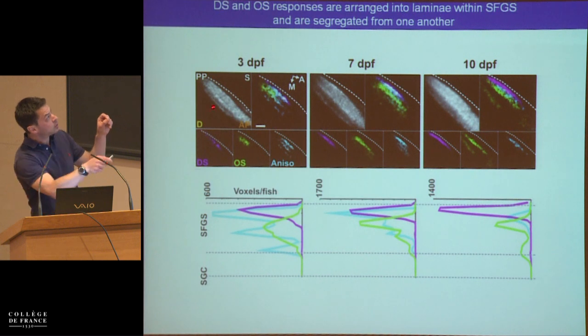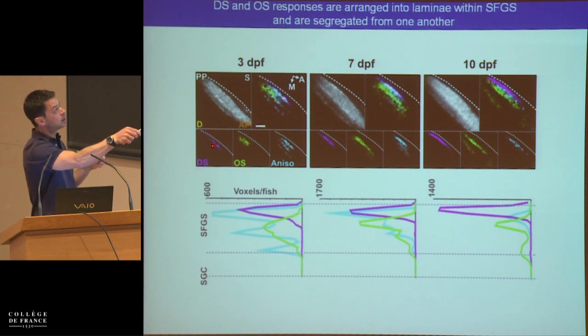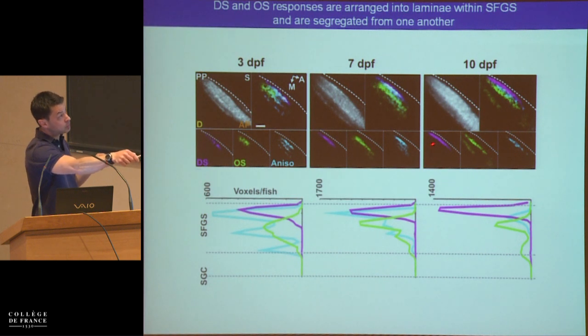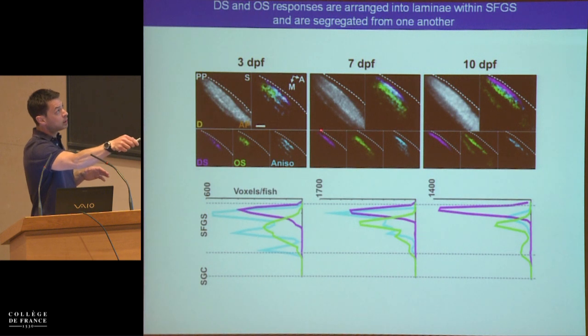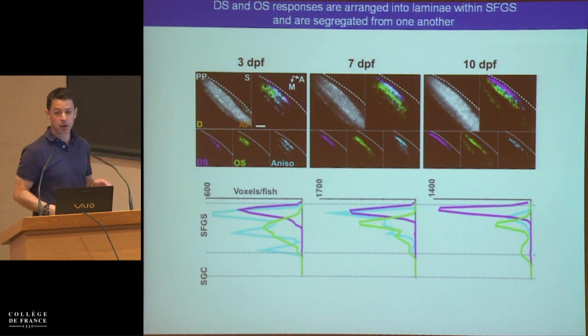And if we first look at the direction selective responses, no matter what stage we look at, whether it's a really young tectum or a very mature one, they always target this really nice, neat lamina just within the superficial parts of SFGS. So everything about these direction selective cells seems completely invariant, from their functional properties to the way these axons innervate their target.